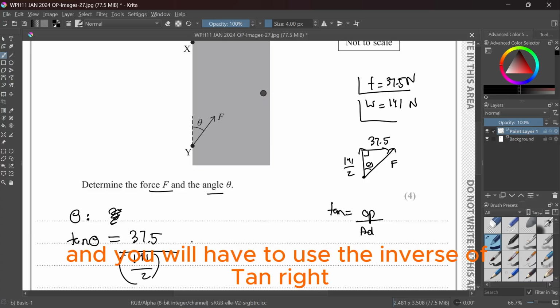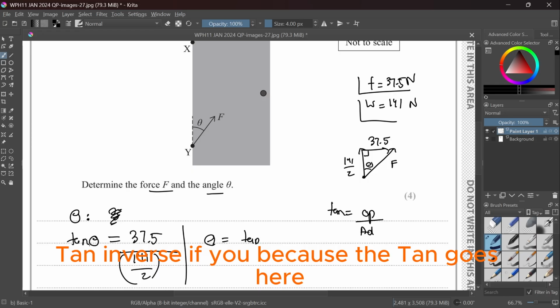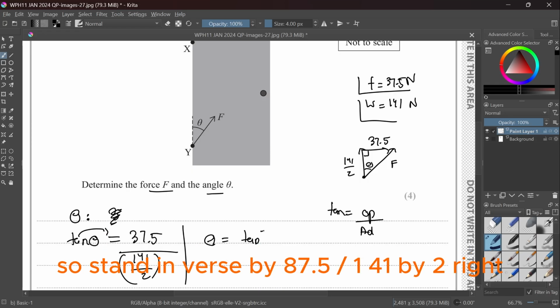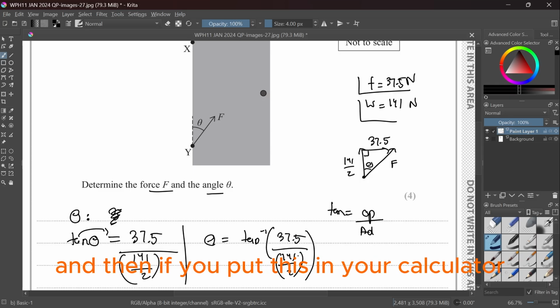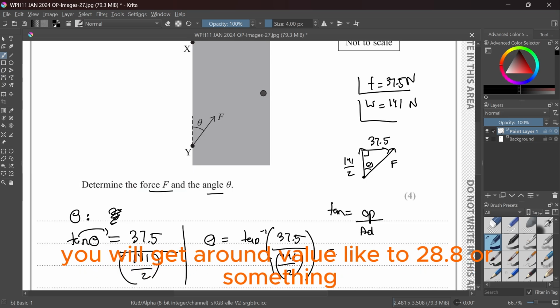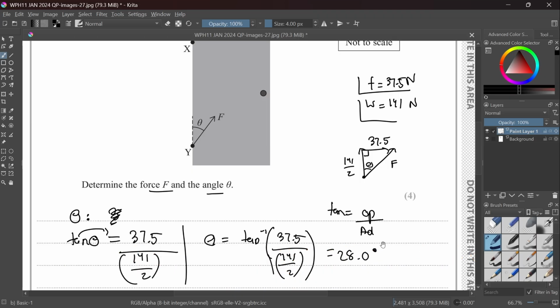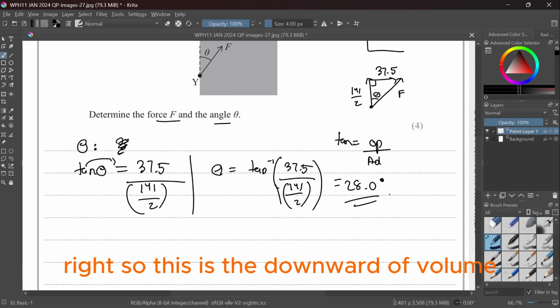And you will have to use the inverse of tan, right? So it's tan inverse of 37.5 divided by 141 by 2. If you put this in your scientific calculator, you will get a value around 28.0 for theta, which is the rounded off value.